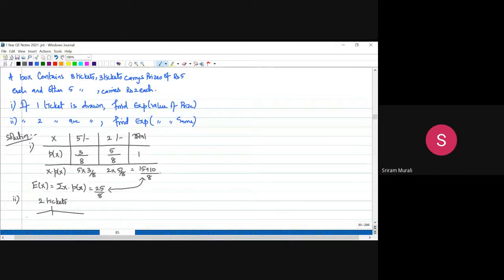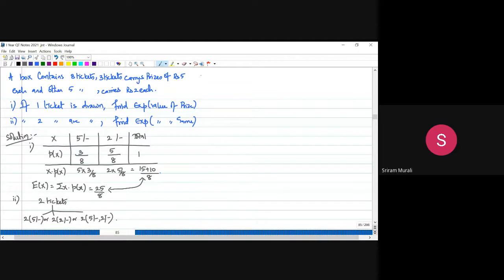It can be two 5 rupees, or two 2 rupees, or one is 5 rupee and one is 2 rupees, am I right? Yes, sir.